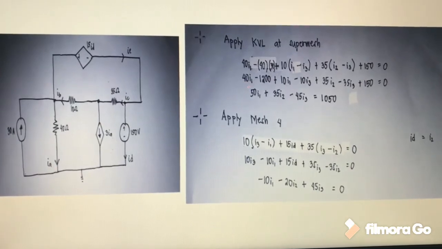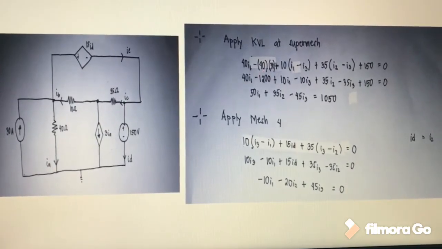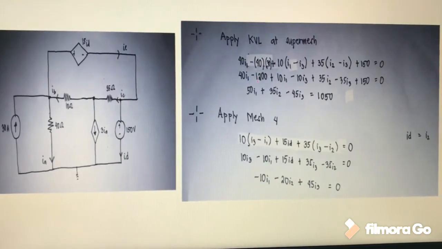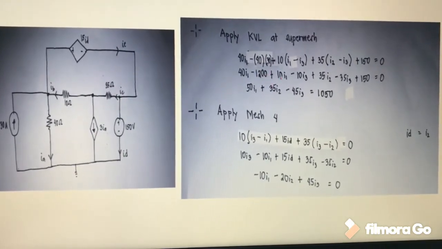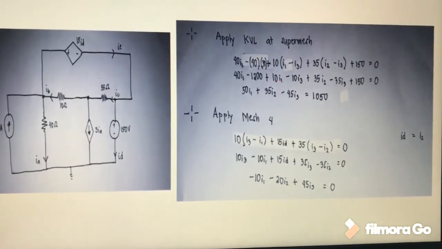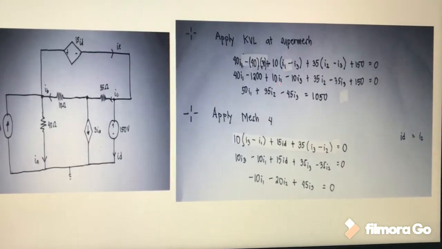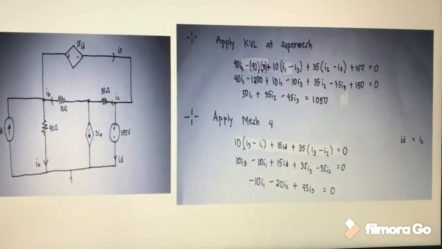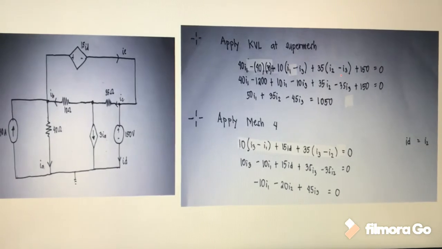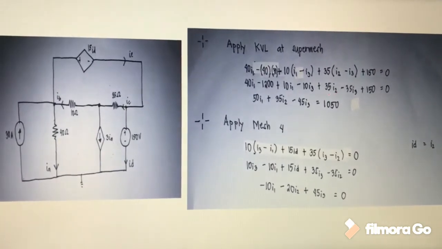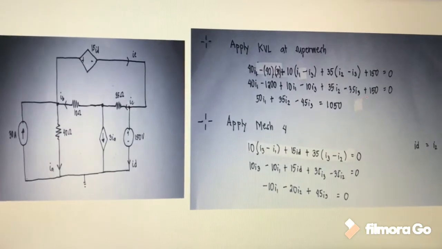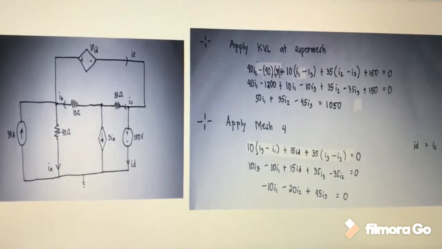Just copy 40I1 and multiply 40 by 30, which will become negative 1,200, plus multiply 10 by I1 and I3, which will become 10 I1 minus 10 I3, plus multiply 35 by I2 minus I3, which will become 35 I2 minus 35 I3 plus 150 equals to 0.